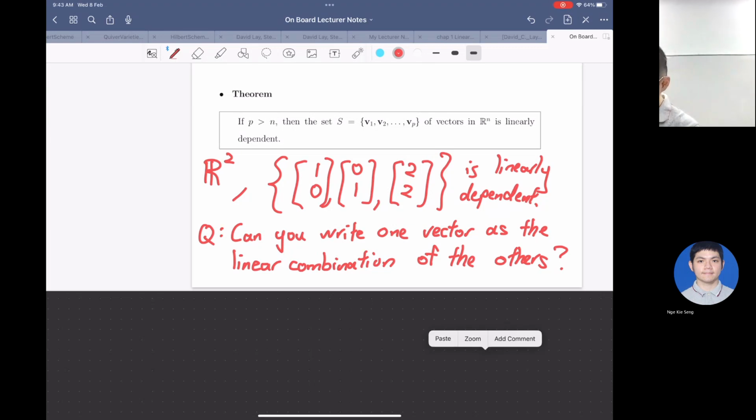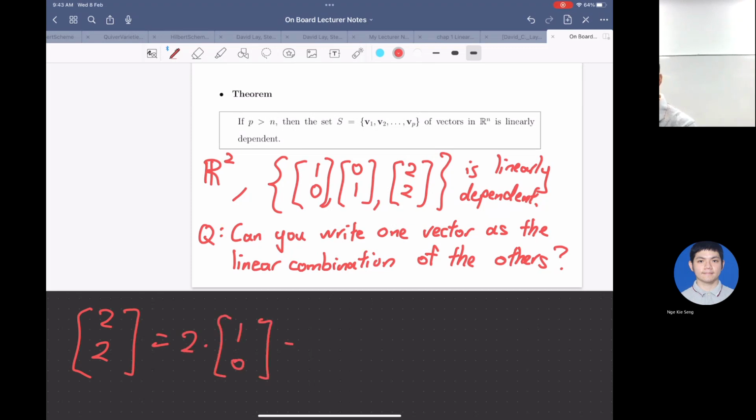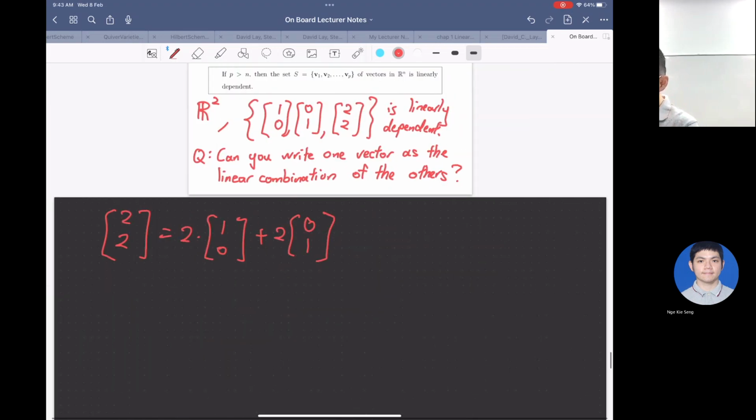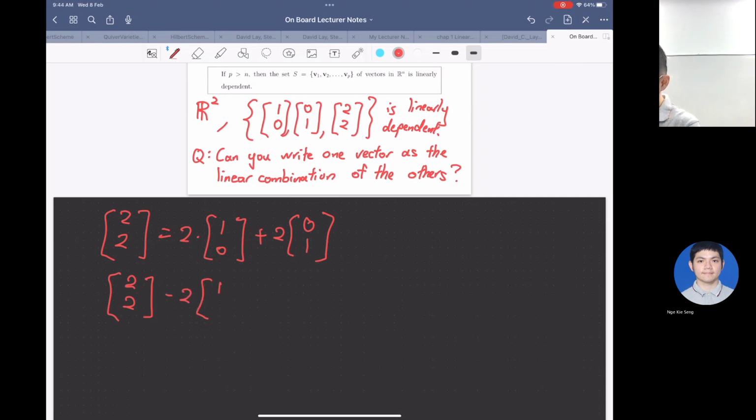You mean (2, 2) is equal to 2 times (1, 0) plus 2 times (0, 1). Right. So you found a linear dependence equation between the three vectors.